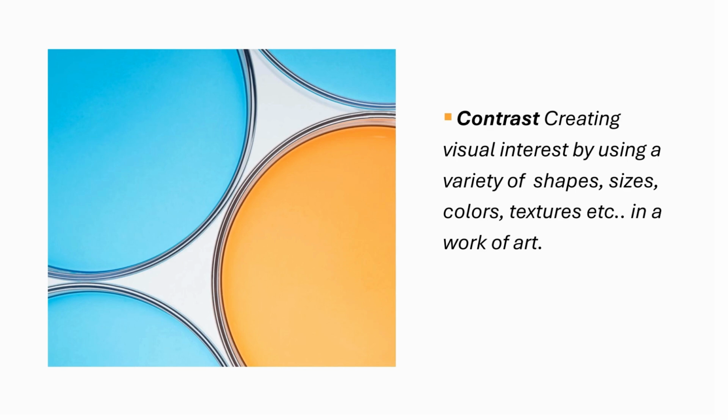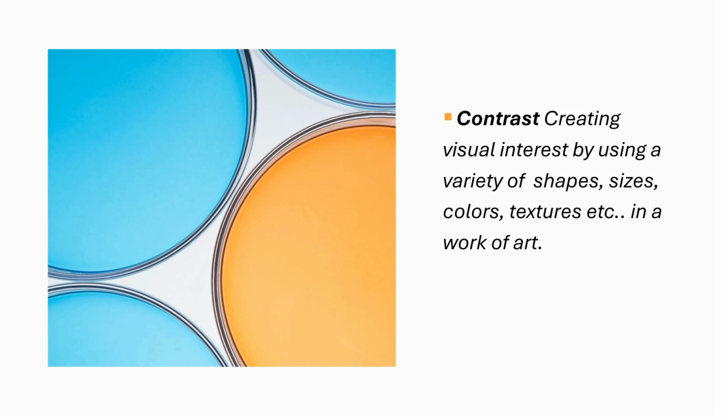Contrast. Contrast is when you're using differences, a variety of shapes or colors or textures to create visual interest. So unity, you want to create a visual calmness, a cohesiveness. Contrast is the opposite. It's where you want to create some excitement. So looking at this set of paint lids, if they were all the same color blue, it would not be exciting.